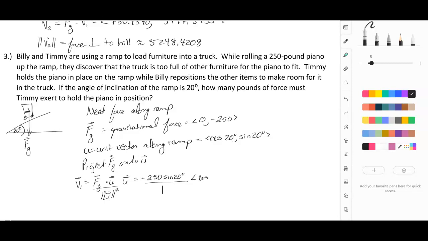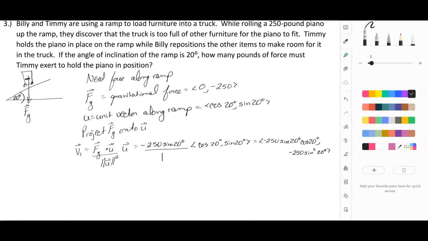Dot it with U. We have negative 250 sine of 20 degrees cosine 20 degrees, and then my y component is negative 250 sine squared 20 degrees. So the scalar is multiplied to each of those pieces inside of U. Now I'm going to, again, turn that into numbers. I'm just going to do this in my calculator.